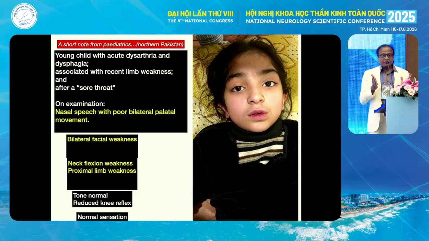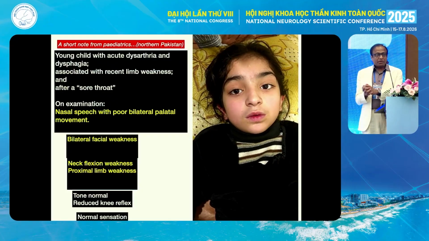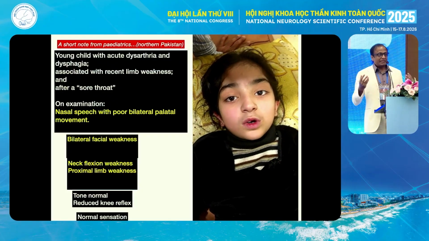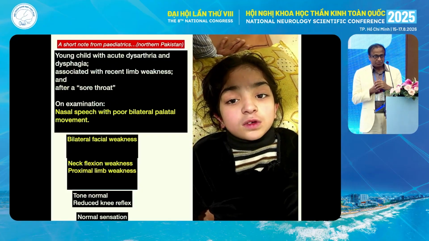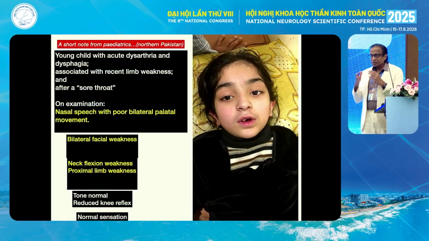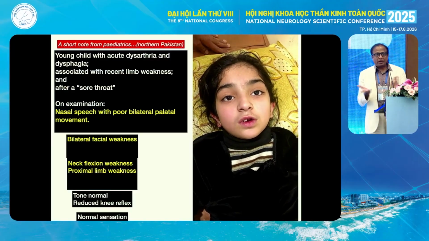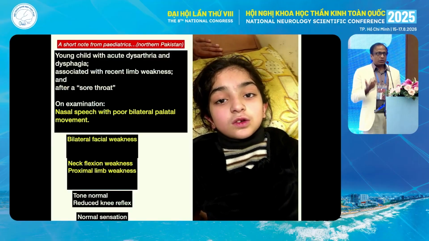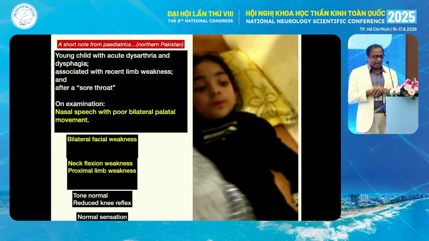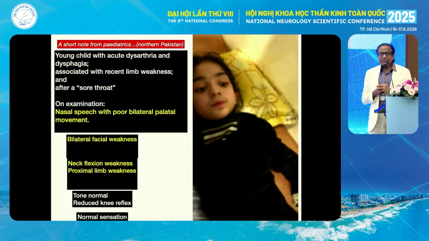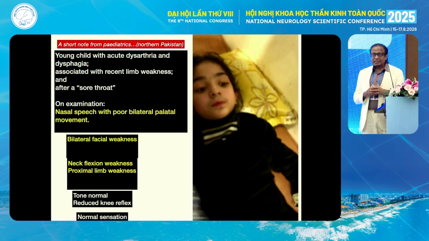So again, just like I said earlier, very characteristic features of Guillain-Barré syndrome, right? An infection, and then sometime after the infection, patient develops acute weakness, ascending, sensory complaints may or may not be there. In this case, she was too young for us to be sure whether she had numbness. She had significant weakness and sensory loss with loss of reflexes. So very characteristic, right?